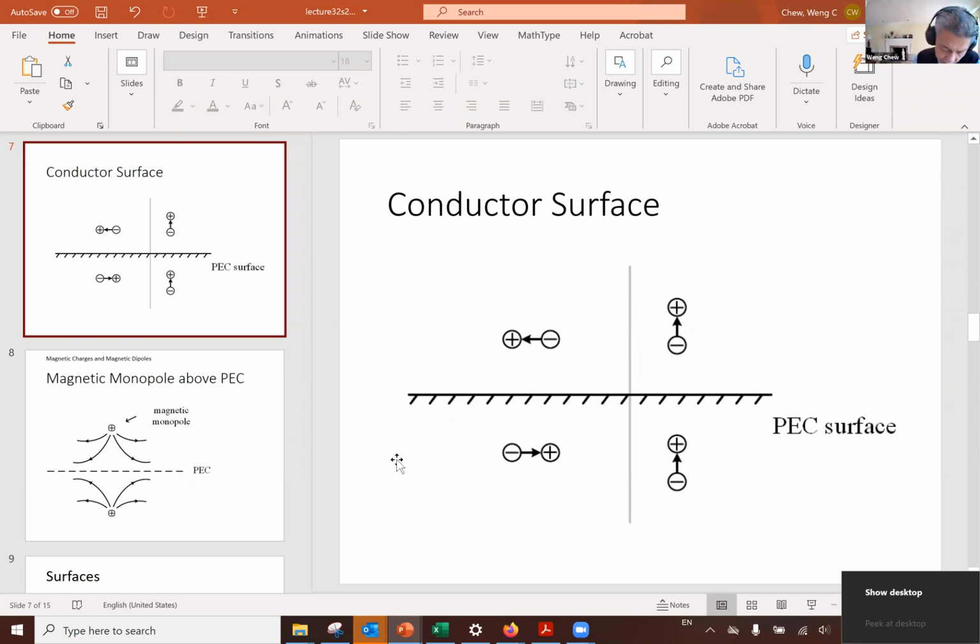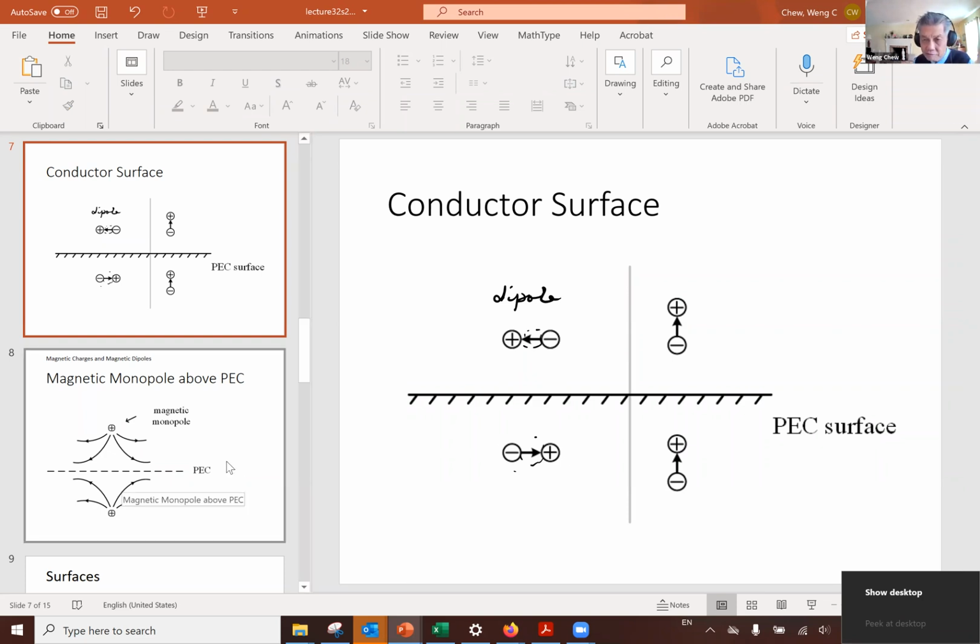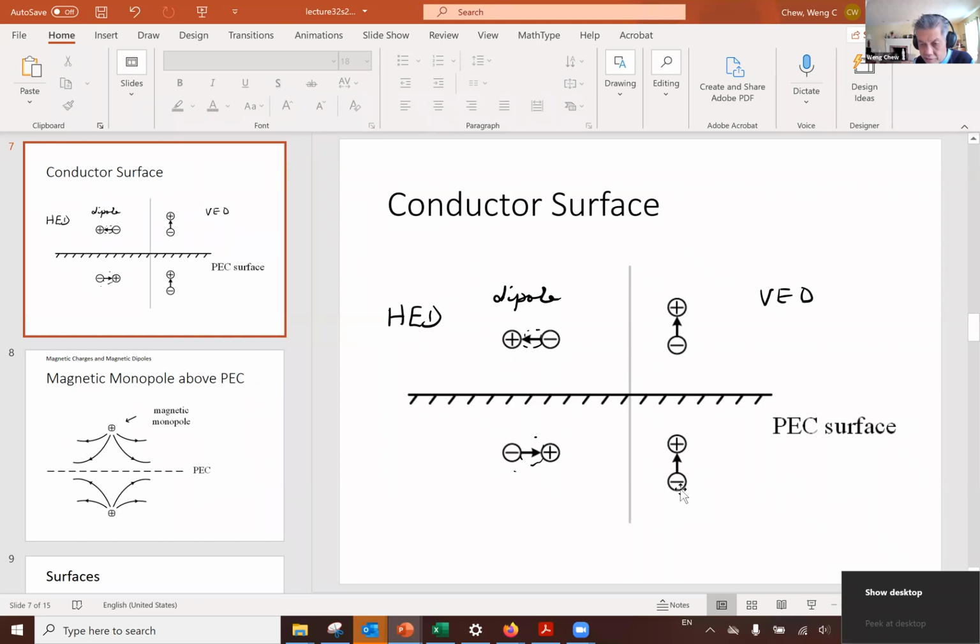Okay, this is the dipole. And the one below definitely is a dipole of opposite polarity. You can see that it's pointing in the wrong direction, or opposite direction. However, if you have a vertical electric dipole, usually this is called horizontal electric dipole. And this is a case of a vertical electric dipole. And the positive charge will reflect to a negative charge down here.